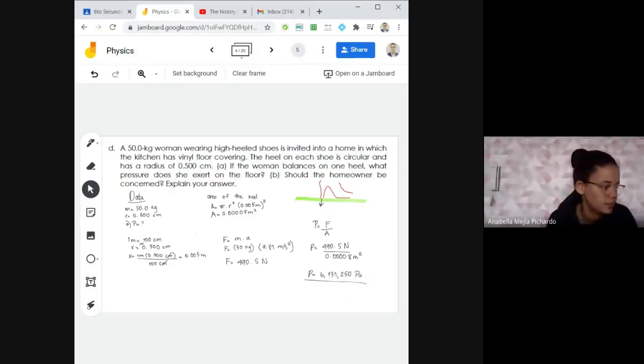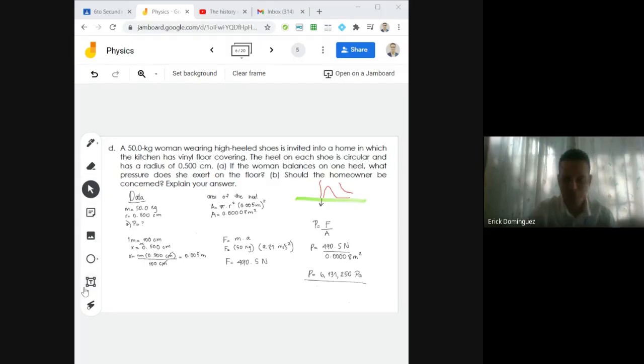Done, teacher. Perfect. So it seems like you solved the riddle. What do you think, guys? So at least the first question is answered. So what would be the pressure exerted by the heel to the floor?